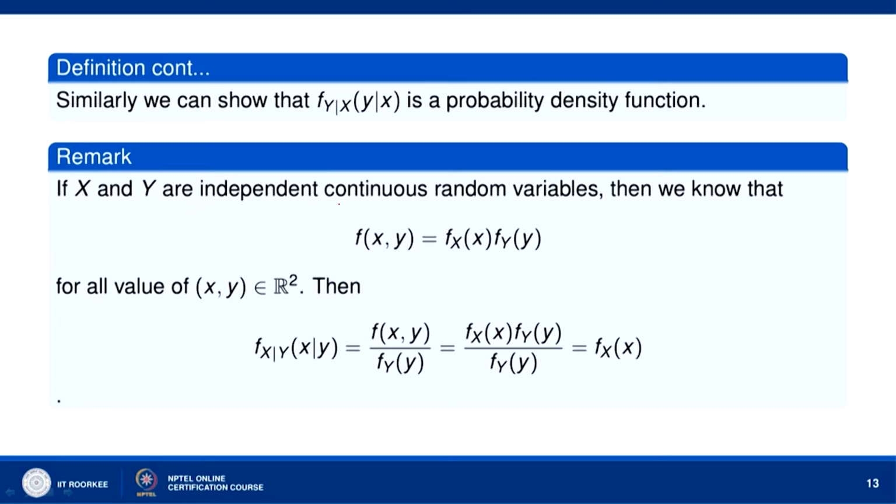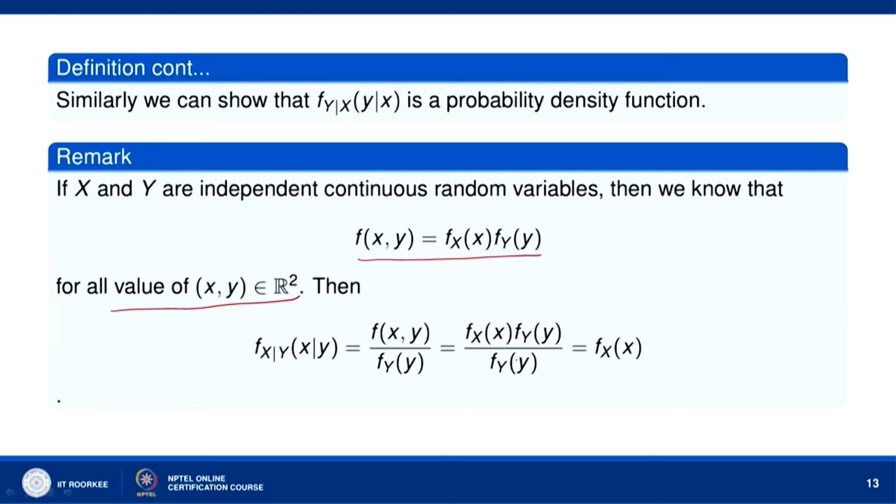If X and Y are independent continuous random variables, then we have f(x,y) equal to f_X(x) into f_Y(y) for all values of (x,y) belonging to R square, and then f(x|y) by definition is f(x,y) over f_Y(y), but f(x,y) equal to f_X(x) into f_Y(y).